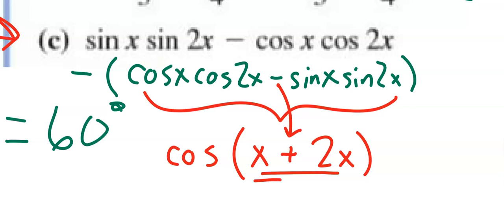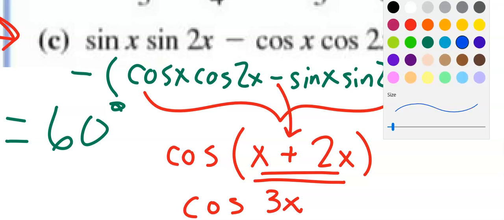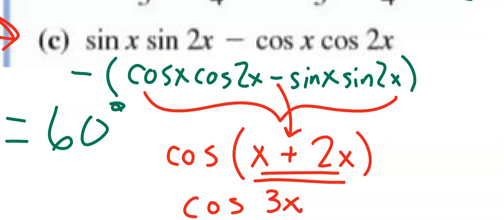And what is x plus 2x? 3x. There's only one problem with my answer. Can you tell me what's wrong with my answer? I forgot the negative. That's right, folks.